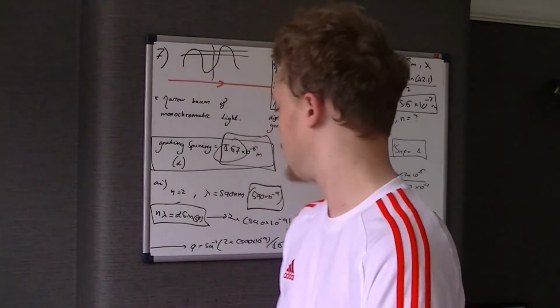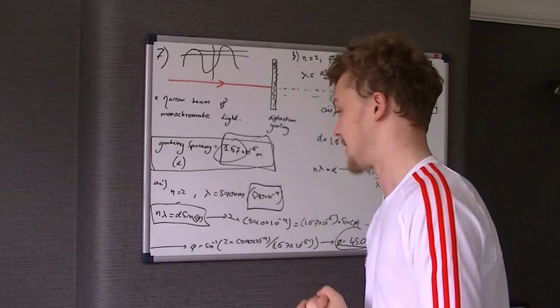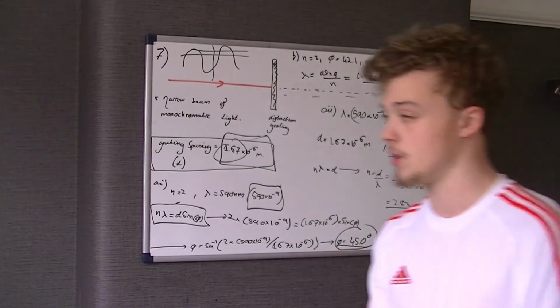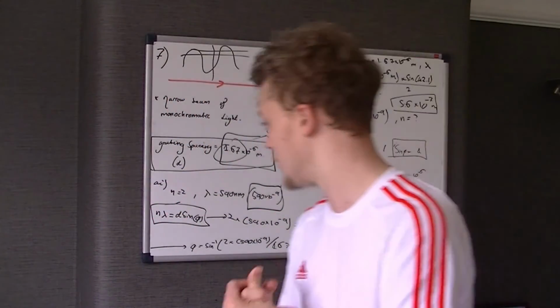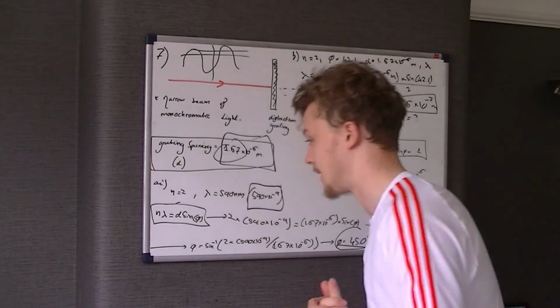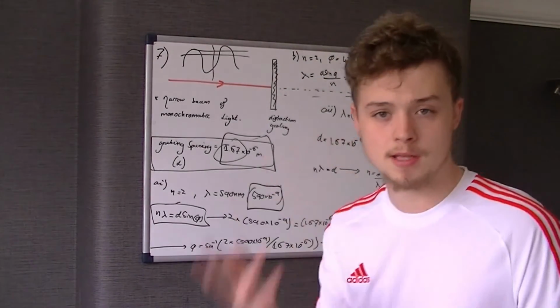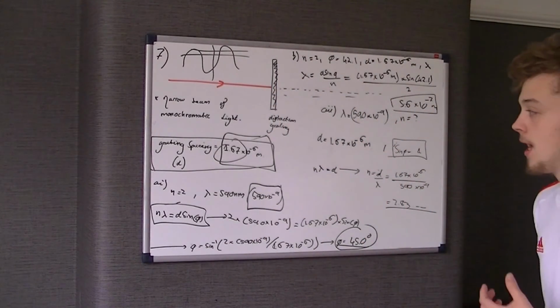So very easy question 7. Really, all it is is manipulating n lambda is equal to d sine theta. You didn't even have to use that other equation, which is the number of lines per meter is equal to 1 over the grating spacing, which is denoted by a little d in the equation. The only difficult part of that question was realising what d was.